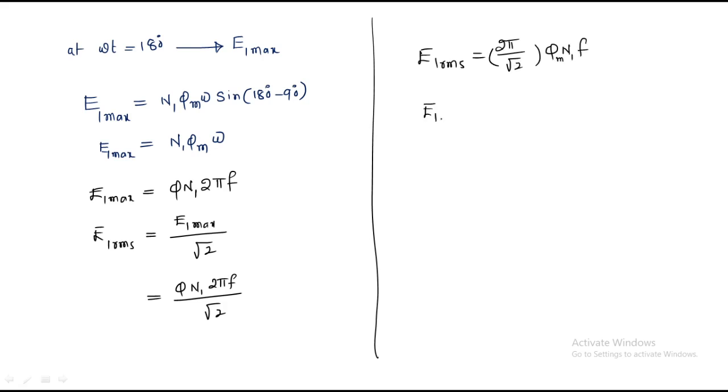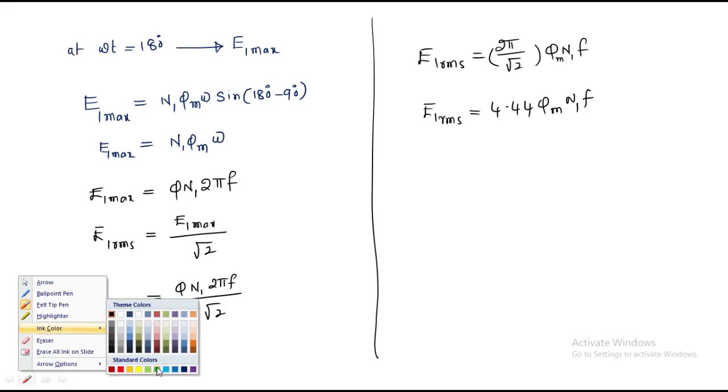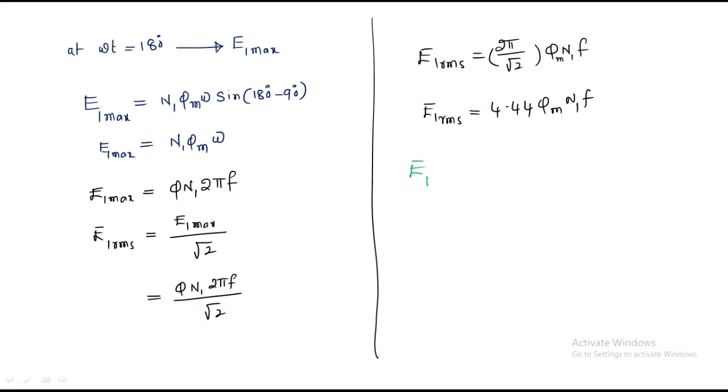The value of 2π by root 2 is 4.44. So the EMF equation of a transformer is E1 RMS equal to 4.44 φm N1 f, where this is the RMS value and the earlier one is the maximum value.